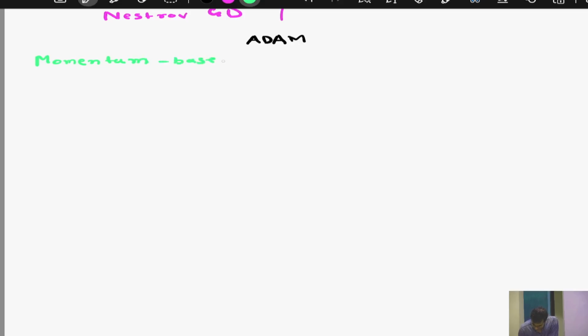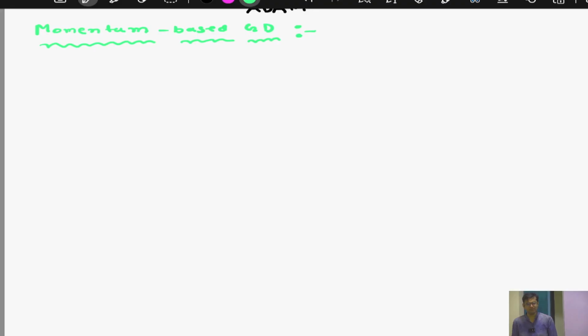And the idea is that you need to bring information about the momentum into the picture. This is what you do. I'm just going to write the update rule and then we'll discuss what it actually means. Okay.